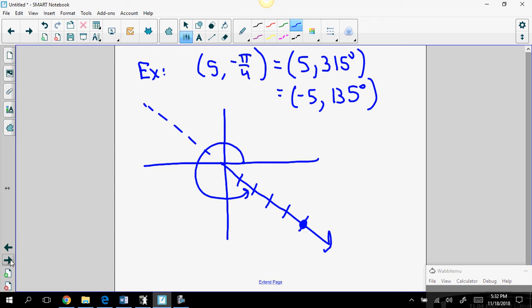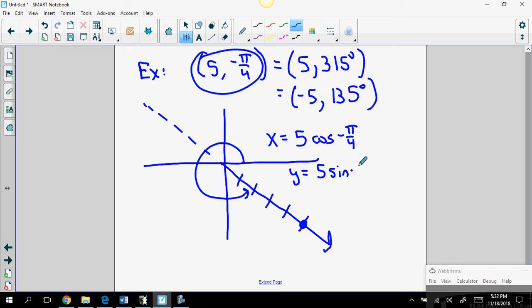And by the way, x equals 5 cosine of negative pi over 4, and y equals 5 sine of negative pi over 4. Cosine, nope, even, the negative disappears, so it's 5 radical 2 over 2.